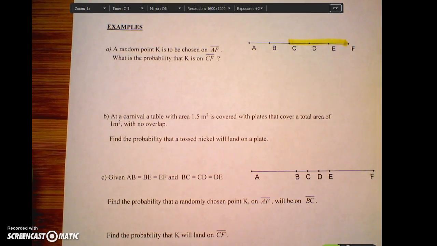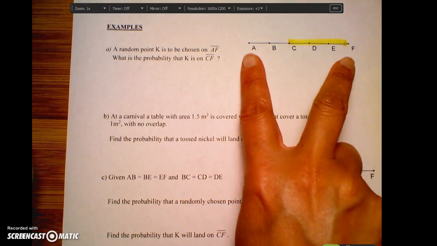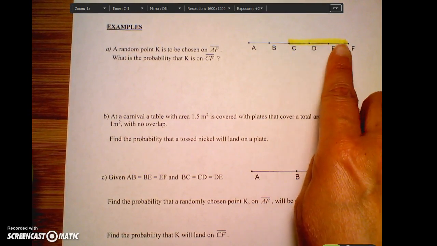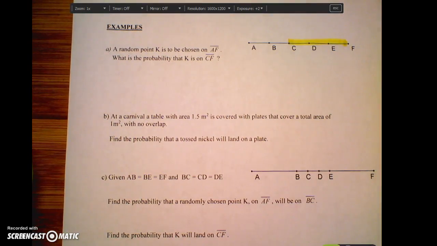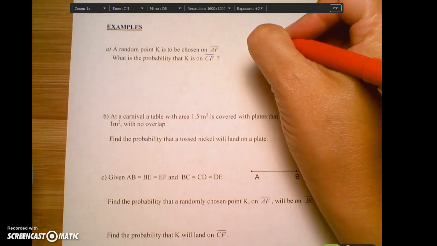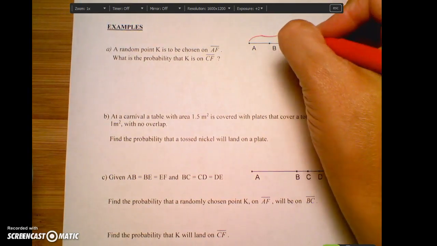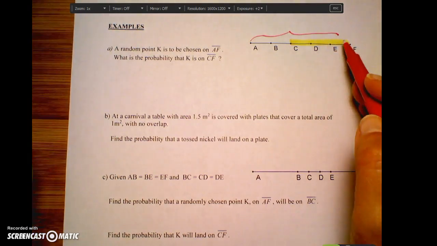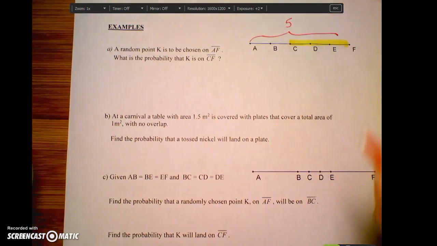Now, if we also take a look, we can see that this segment AF has been partitioned off into equal pieces. And that's important to us. I don't know what length those pieces are. I just know they're equal. And if you take a look and count, there are 1, 2, 3, 4, 5 of those pieces.